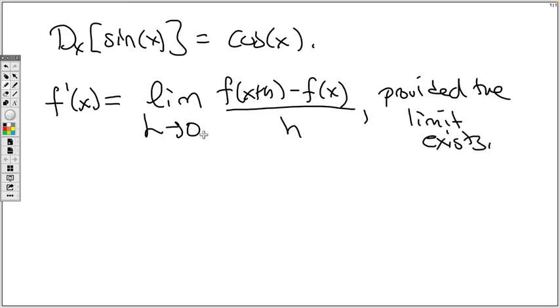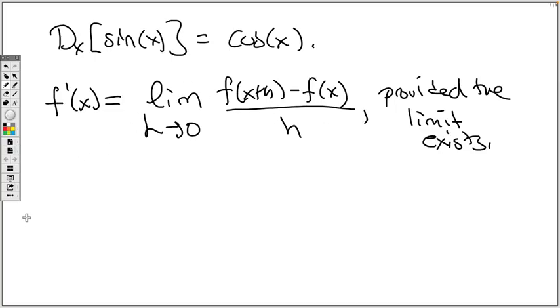And every single one of these derivative limits, if you actually plug in h equals 0, in the numerator you get f of x minus f of x, which is 0, and the denominator is 0. So every single one of these is a 0 over 0. And once again, that's because geometrically, we're trying to find a slope, and if you try to find the slope with only one point, you're going to get 0 over 0.